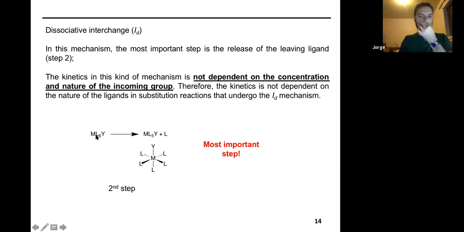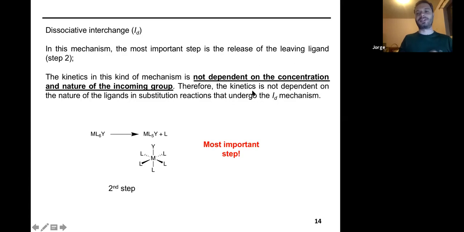All right. So we have ML6Y and the release of one of the L ligands, or the dissociation step, to form ML5Y is the most important step. And this kind of mechanism is not dependent on the concentration and nature of the incoming group.